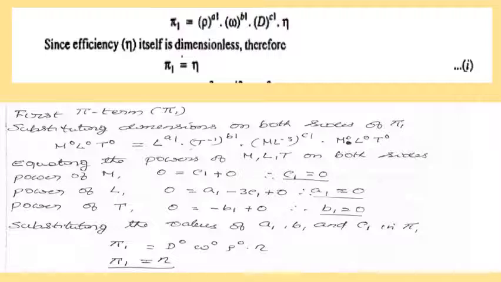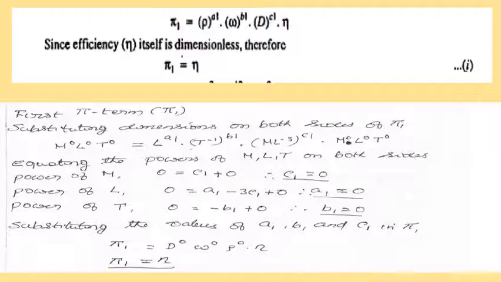So now we got the values of A1, b1 and c1. Substitute these values of a1, b1 and c1 in the phi 1 term. The phi 1 term is equal to, see, here L power A1, L power A1 is equal to 0. Then the second term, T power T, that is T. There is a B1, the power of that one is B1.